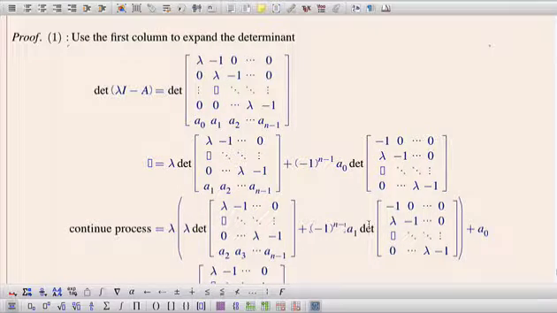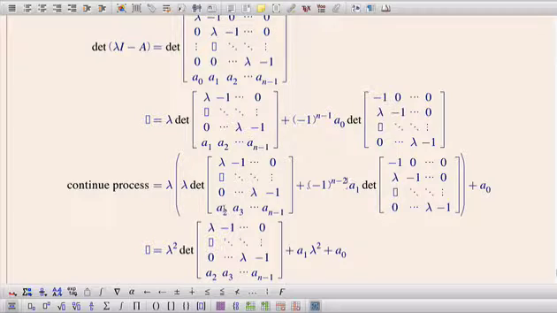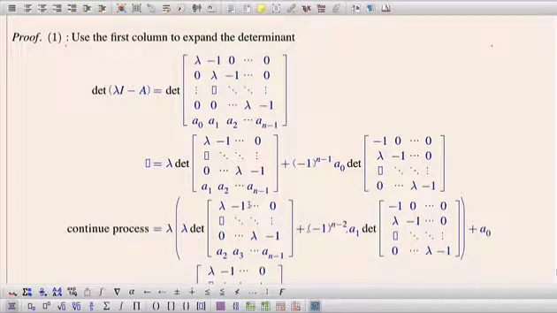So we have n minus 2. And notice that this first one has the same structure. So this is also a companion matrix, but it's smaller. It's n minus 1 by n minus 1. And what else? Lambda gets factored out again.